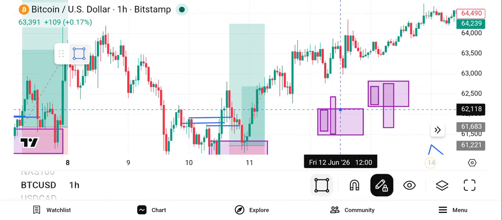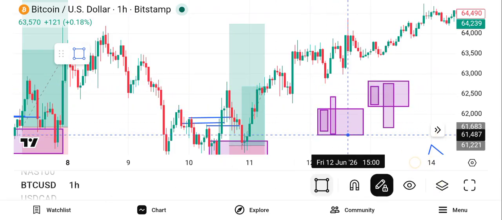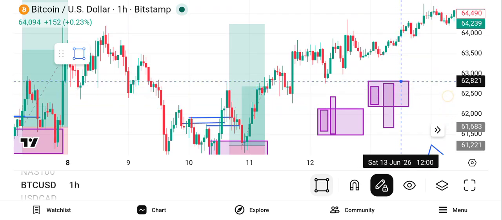So you place your buy here and put your stop loss here. Here you place your sell and put your stop loss here.